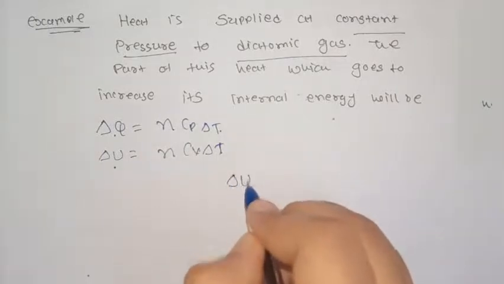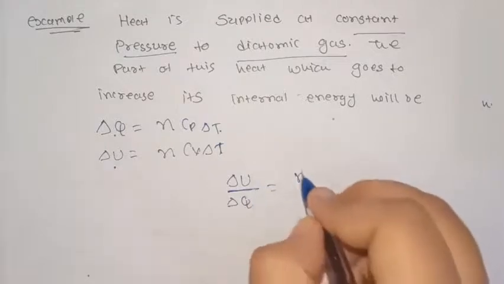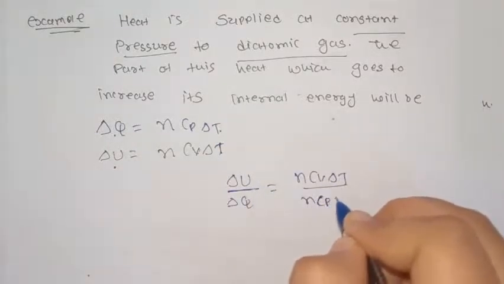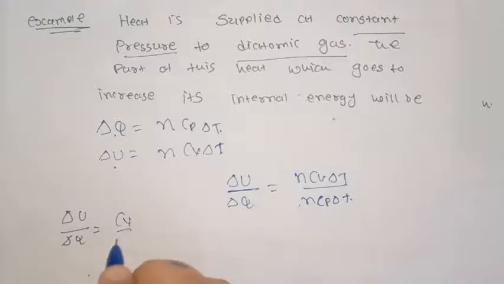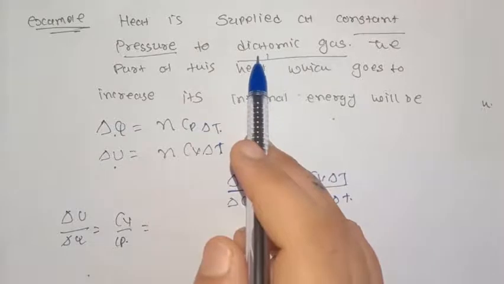That will be given by delta U upon delta Q. So n Cv delta T upon n Cp delta T. So delta U upon delta Q will be equal to Cv upon Cp.